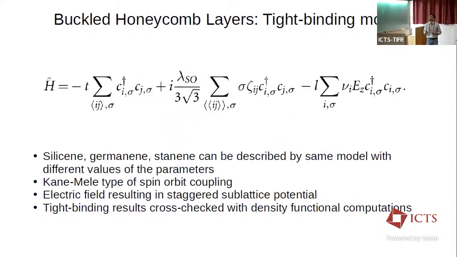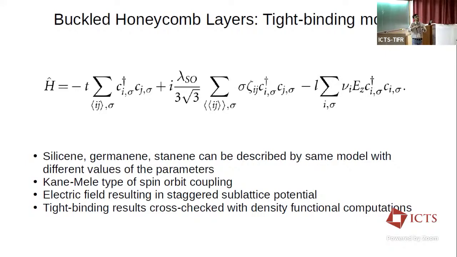Then, to model this system, we used a very simple tight binding model. We've also checked these results with more ab initio DFT type calculations, and they are more or less consistent. The Hamiltonian that we use looks something like this. This is just your nearest neighbor hopping. This is what is called a Kane-Mele type next nearest neighbor spin orbit coupling, which just means that if the electrons hop in the anti-clockwise direction, you get one sign of this term, and if they hop in the clockwise direction, you get another sign.